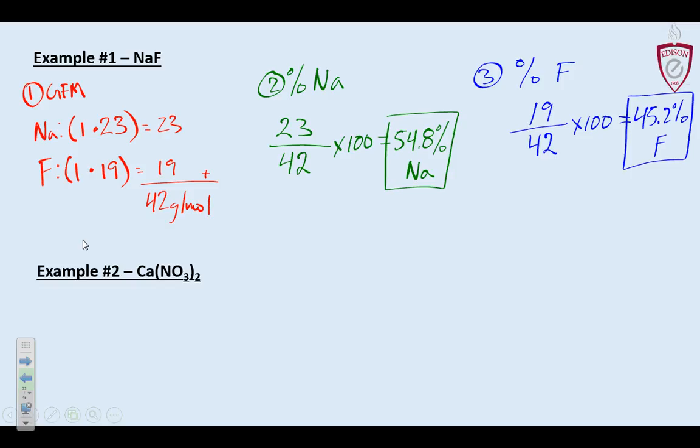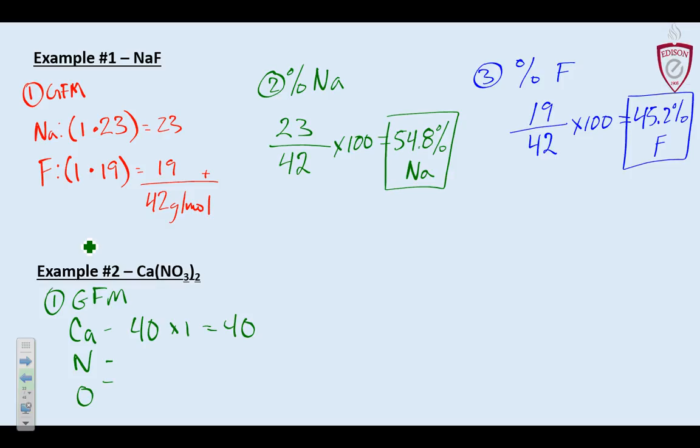It does. All right. So we're going to have to calculate our gram formula mass as step 1 again. I see that I have calcium, nitrogen, and oxygen present. I like to do the mass first. The mass of calcium is 40, and I have one of them present, so that's 40.